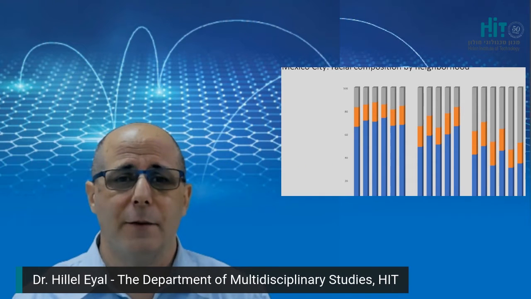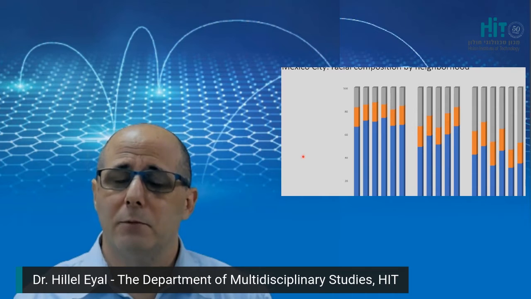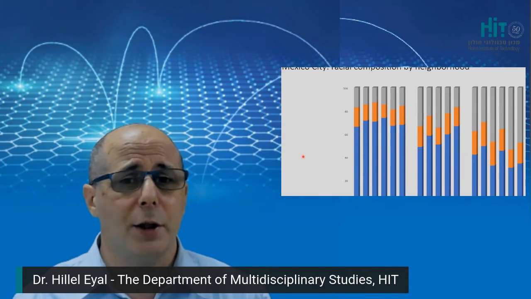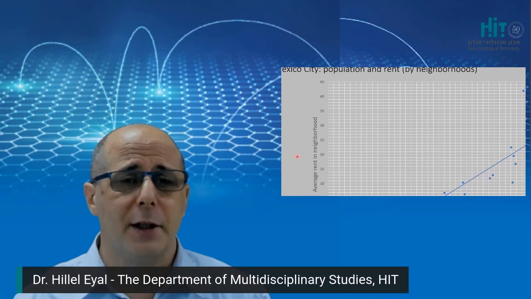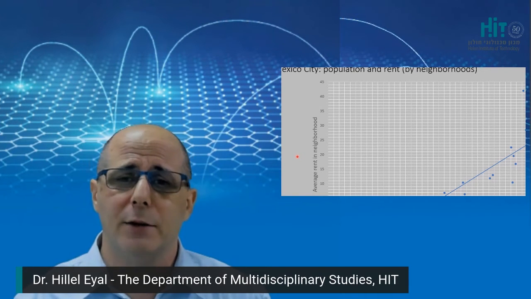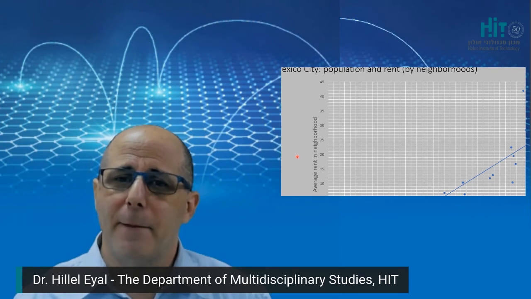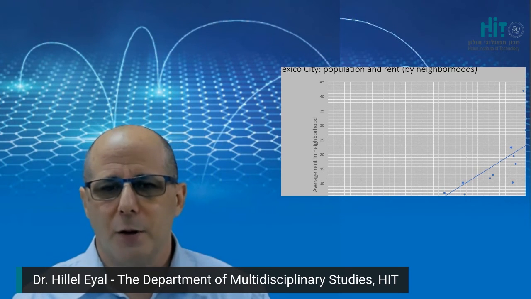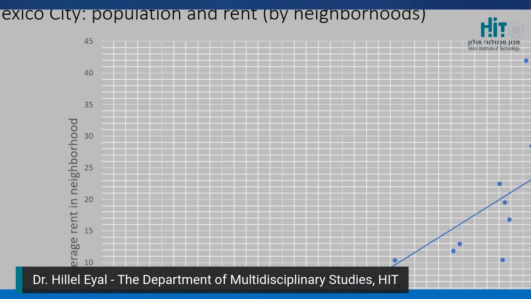That's a very interesting feature that shows us the divergence or inequality within the city. Just to make sure that there was indeed a difference between the center and the outskirts, here we see in this scatter plot the different neighborhoods of Mexico City, where each neighborhood is plotted in terms of the share of Spaniards living in the neighborhood across the average rent.